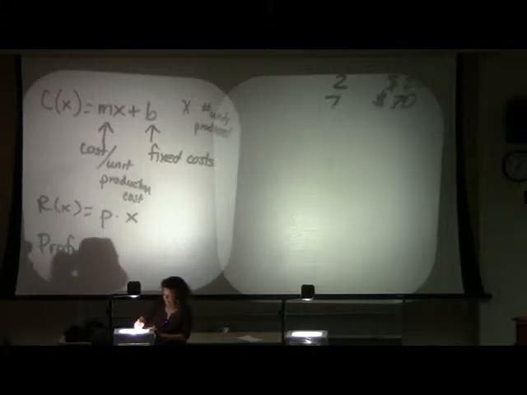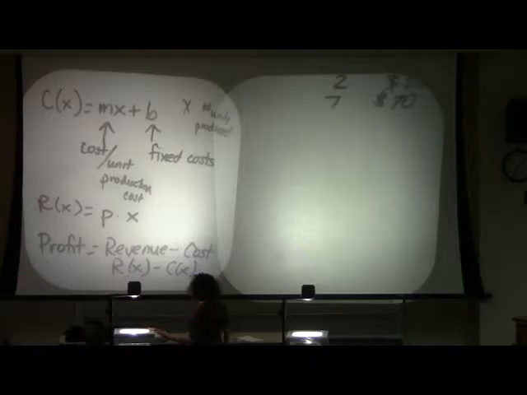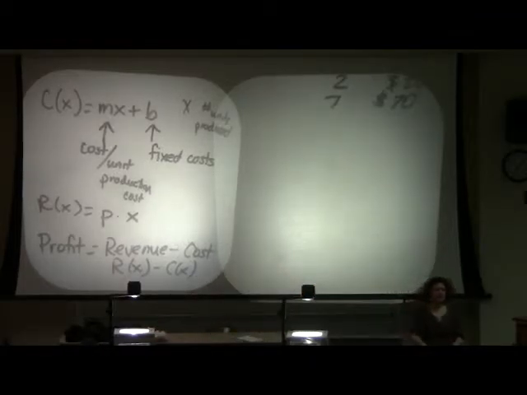Your profit is equal to your revenue minus your cost. So it's R of X minus C of X. Does that make intuitive sense? And if you don't make and sell enough units, you're going to have negative profit. So that's a bummer.